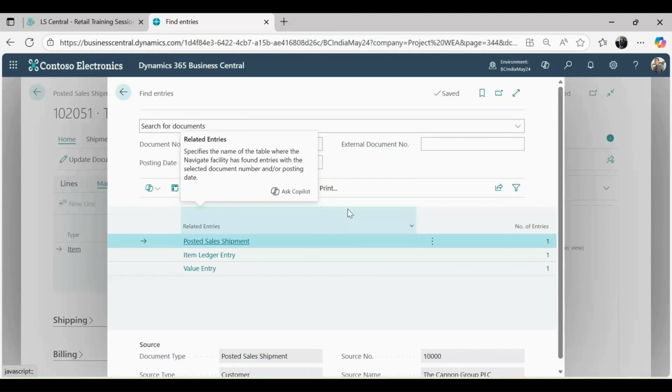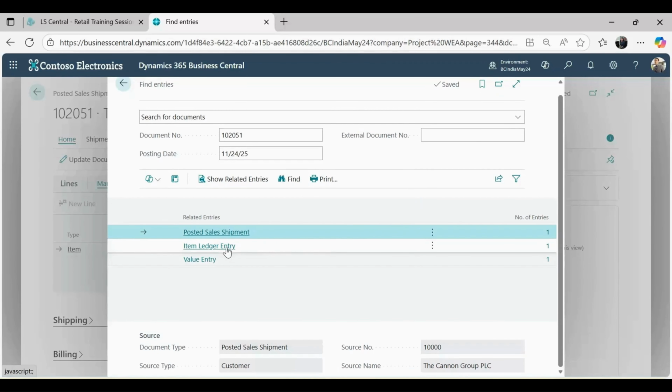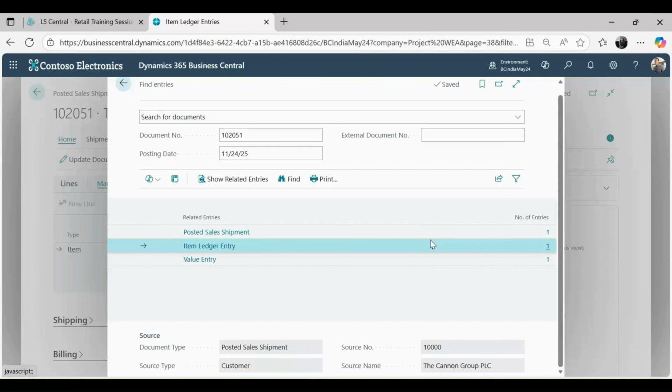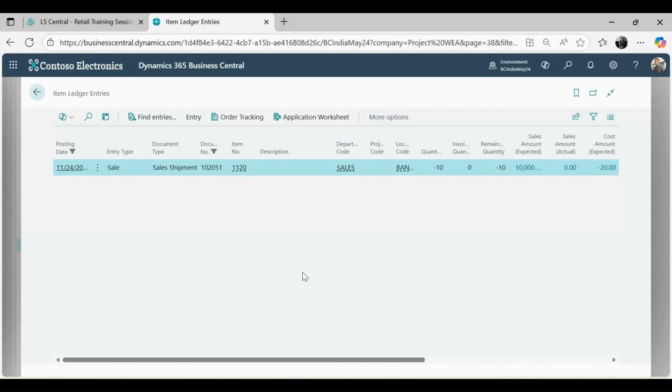With the posted sales shipment, item ledger entry and value entries have been created. Within the item ledger entries, we can see that the entry type is a sale. The quantity is negative, implying that there is an outward movement of stock. The stock has reduced by 10 quantities.